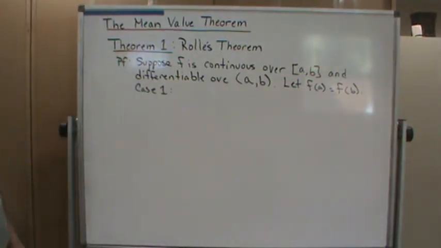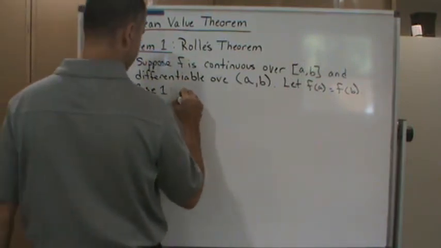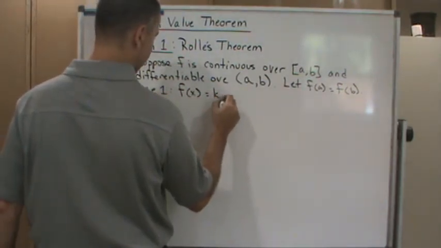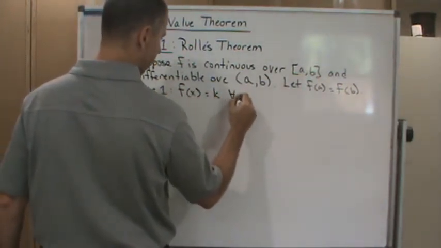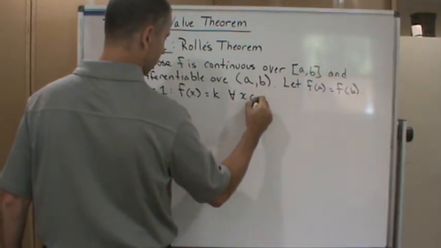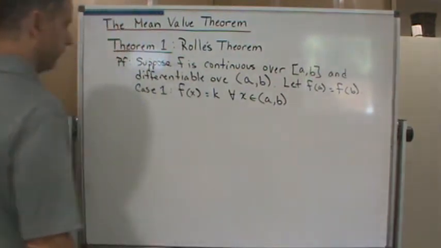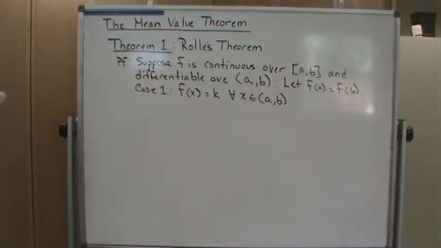Case one is that we're dealing with a constant function. We're going to say that f of x is equal to k for all x in the interval a comma b.